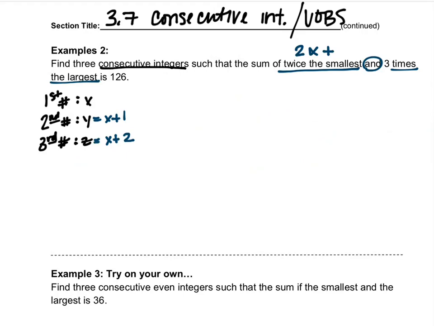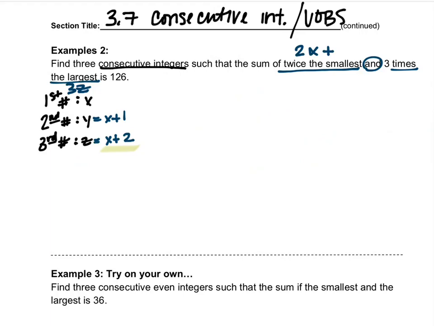If I take 3 times the largest, I'm going to have 3 times z, which is another way of saying 3 times the quantity of x plus 2.